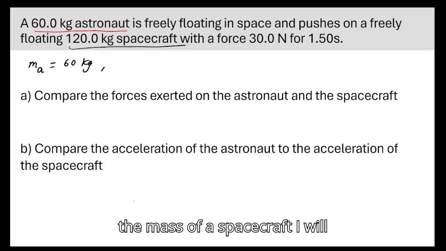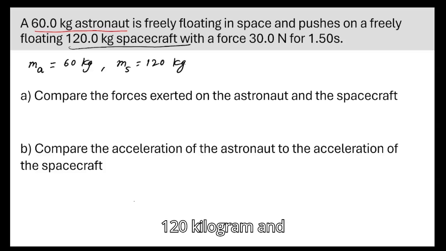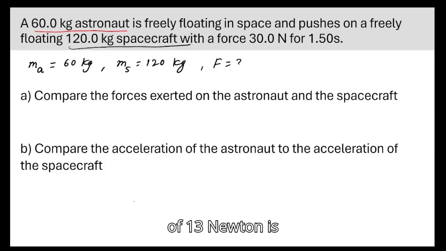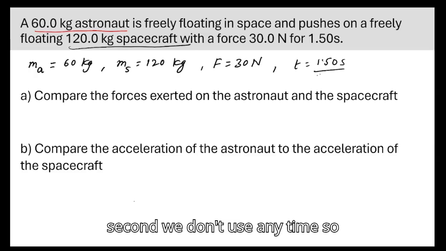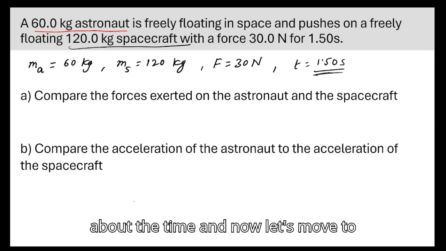The mass of the spacecraft, I will write it as ms equals 120 kilogram, and we are also given that a force of 30 Newton is felt by the spacecraft, and time is 4 seconds. We don't use any time so far, so we'll just keep note of it and don't worry about the time.